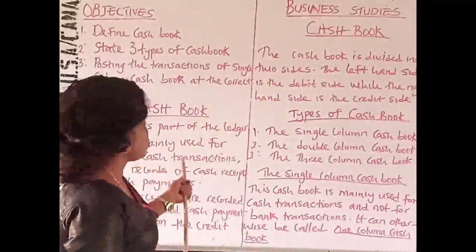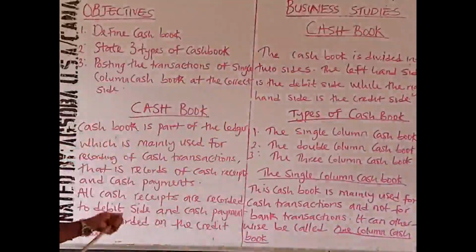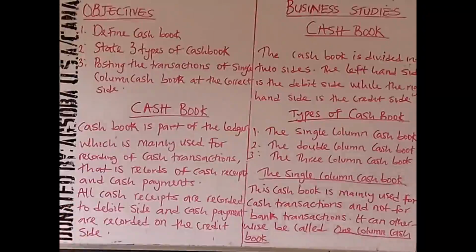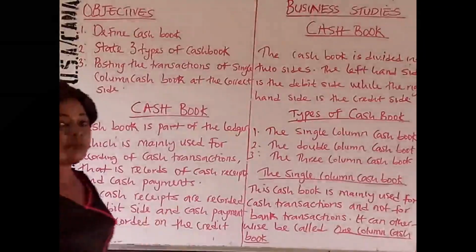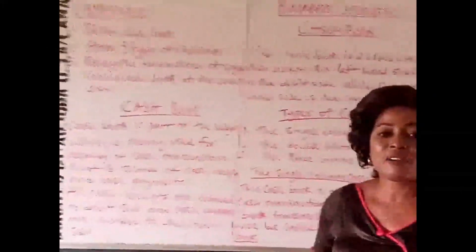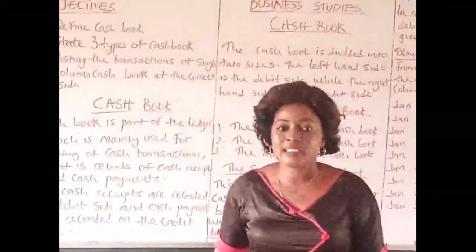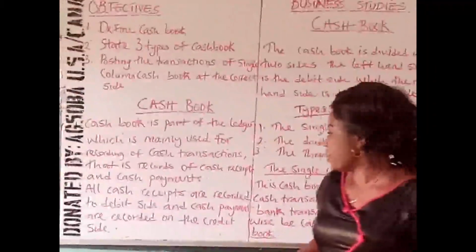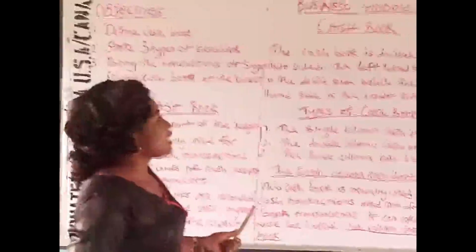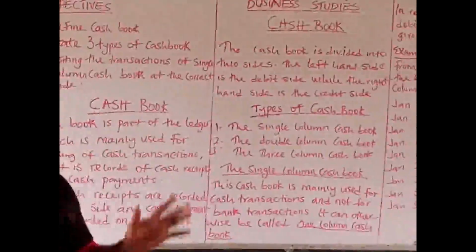What is cash book? Cash book is a part of ledger which is mainly used for recording of cash transactions, that is, cash receipts and cash payments. All cash receipts are recorded on the debit side, while all cash payments are recorded on the credit side. The cash book is divided into two.